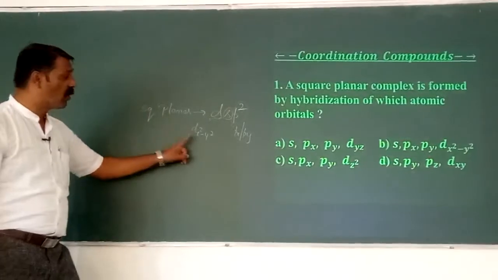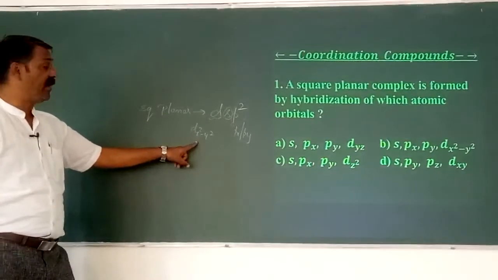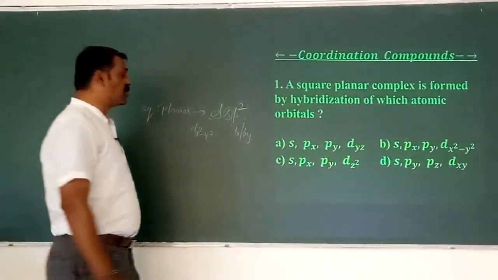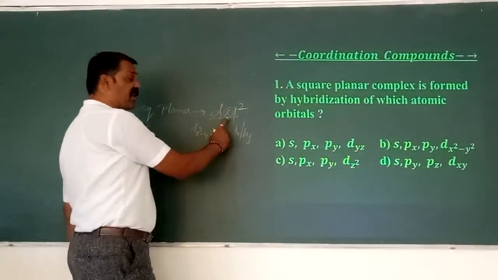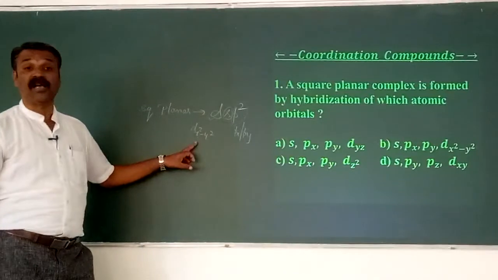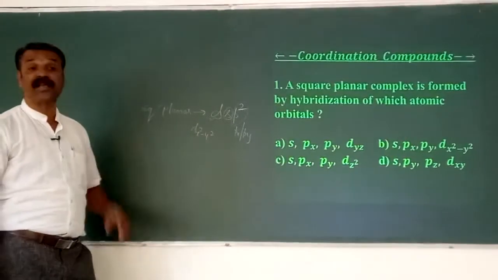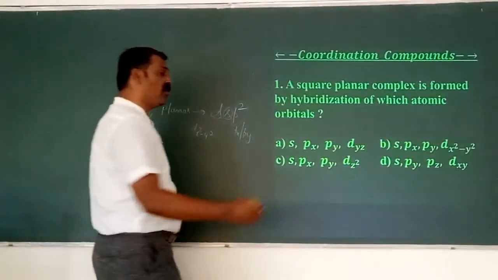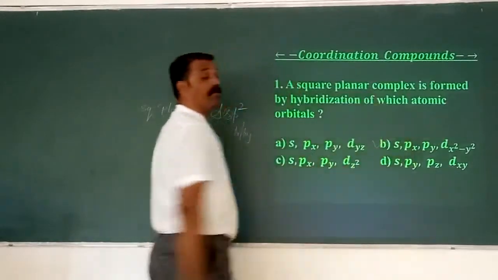As only one d orbital is involved, we have to think of dx square minus y square. Therefore, the orbitals involved are s first, along with px and py, followed by the last d orbital, dx square minus y square. Therefore, it is going to be option B.